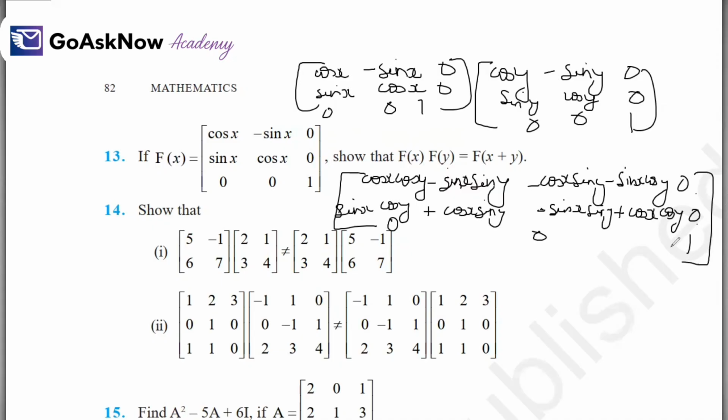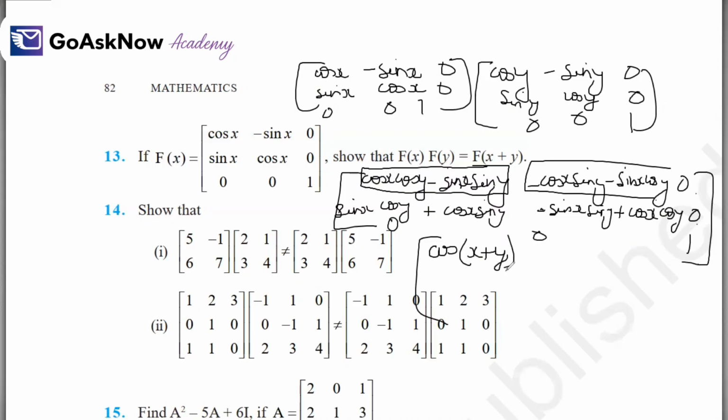Now just find the value of cos x cos y minus sin x sin y. This is the compound angle formula, if you remember it from 11th class: cos A cos B minus sin A sin B. What is the formula for that? Cos of x plus y only.